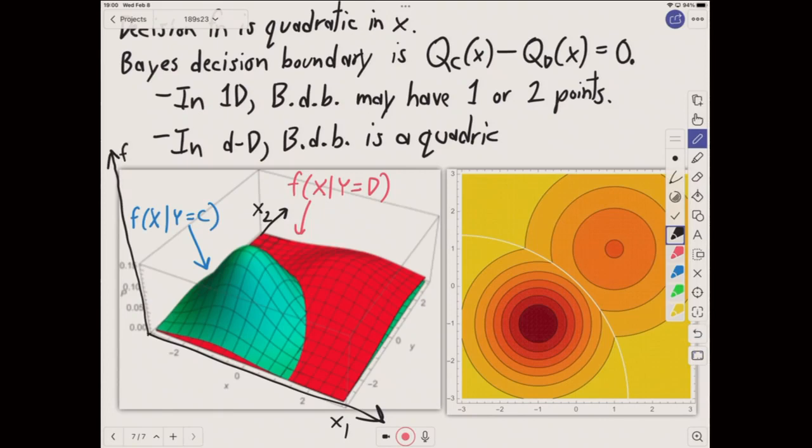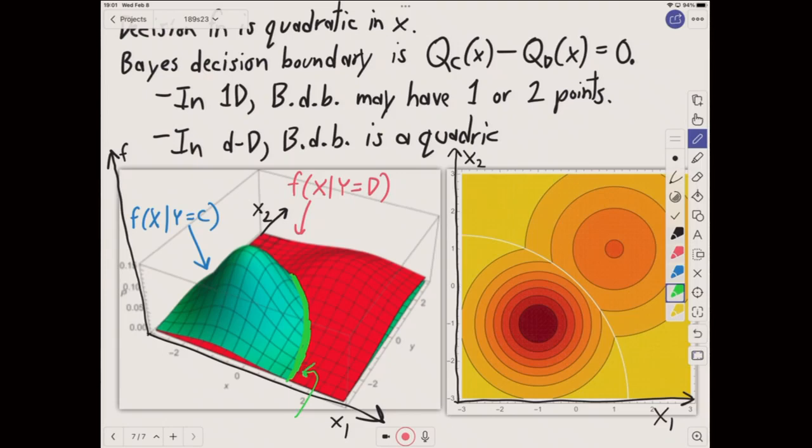On the right-hand side, we've got the exact same functions again. Here's the two features, x1 and x2 are now the horizontal and vertical axes. And we have a contour plot to show us the two PDFs. And so again, here's the blue PDF, here's the red PDF. And the decision boundary, as I pointed out last time, you can see the decision boundary here is where the red meets the blue.